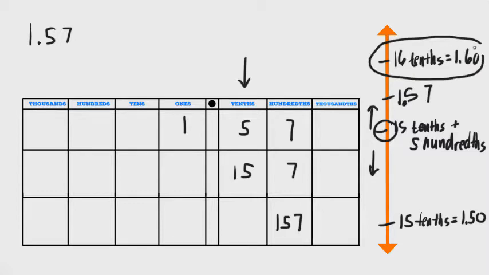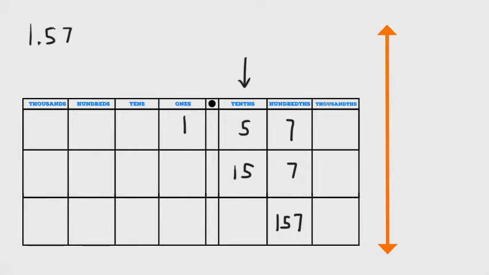So our answer is going to be 1.6 if we round to the tenths place. Now if we're rounding to the whole, it's just a little different, because if we round to the whole number, that means we're looking at the ones place, not the tenths.